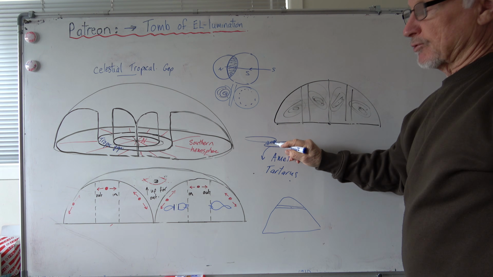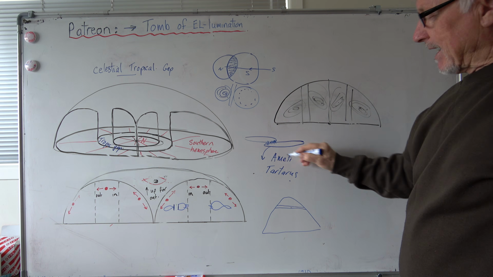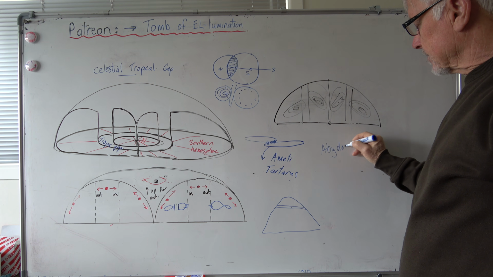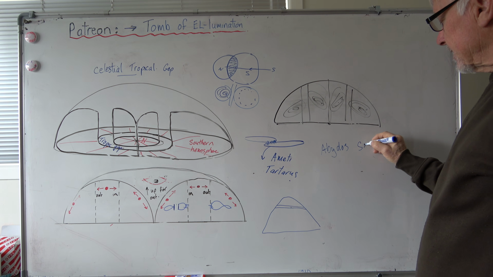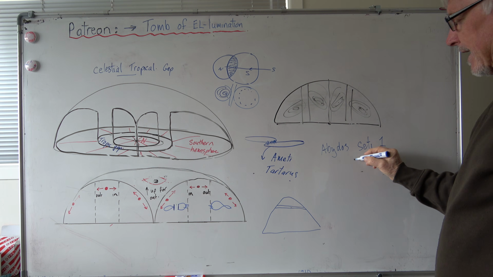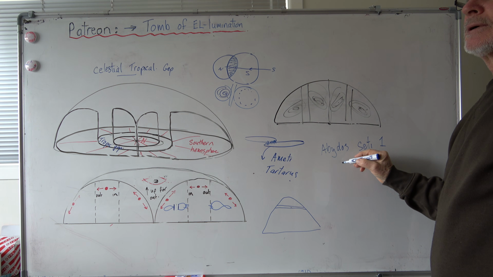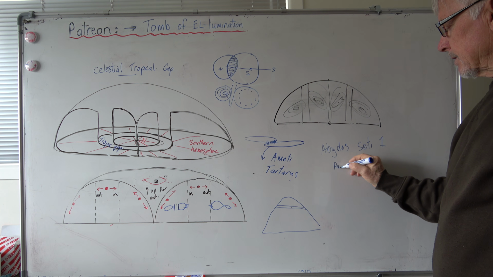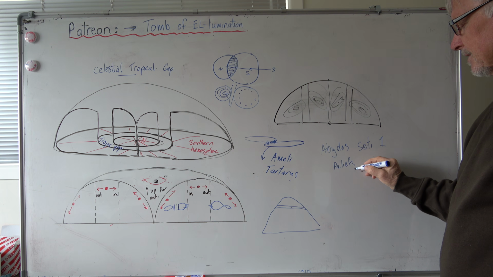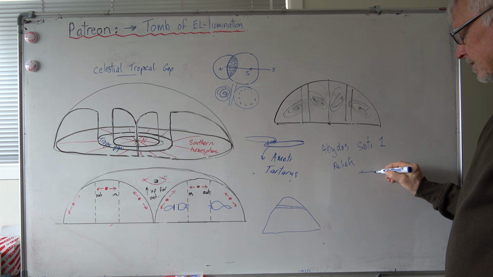This is also described in Abydos. Seti I. The overlay of the two, what do you call them? Reliefs. There's two. You've seen the, how's it go?